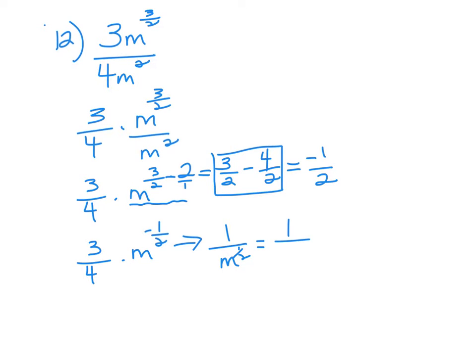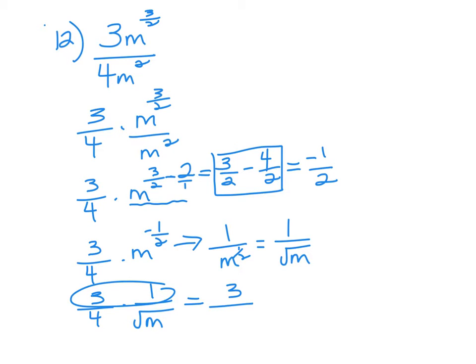So m to the power of half is the same as the square root of m. That will simplify this even further to 1 over the square root of m. Now I can multiply the numerators together. 3 times 1 is 3, and 4 times the square root of m is 4 square root m.